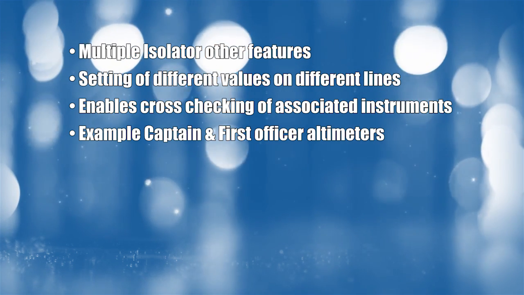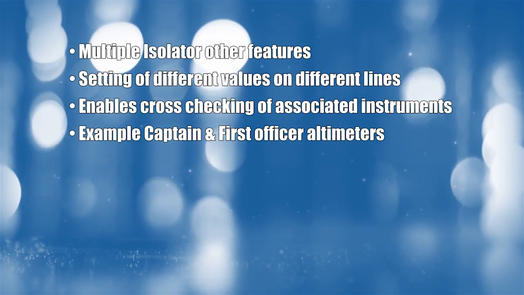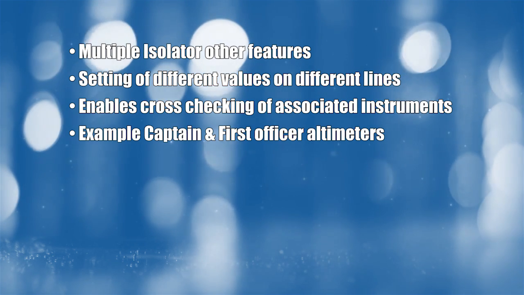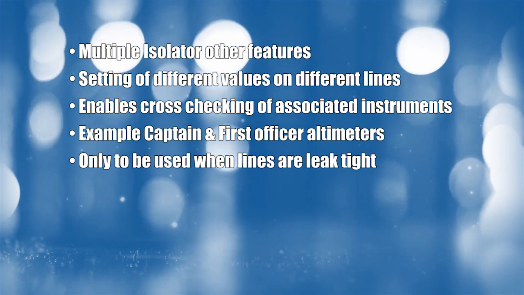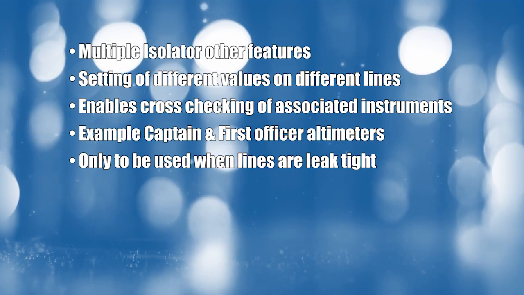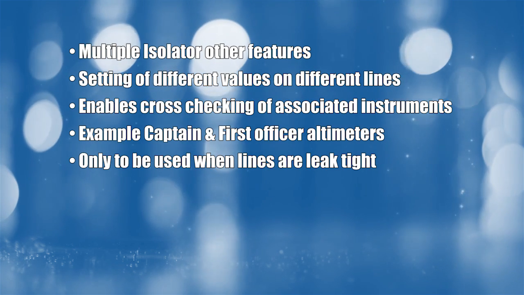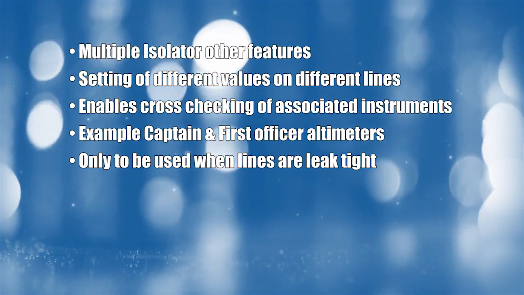This would then cross-check any differences that may exist, showing therefore potential errors. This feature must, of course, only be used when the lines or the channels have been checked to ensure that there are no leaks, because once the ports have been isolated, then the locked value will not be controlled.